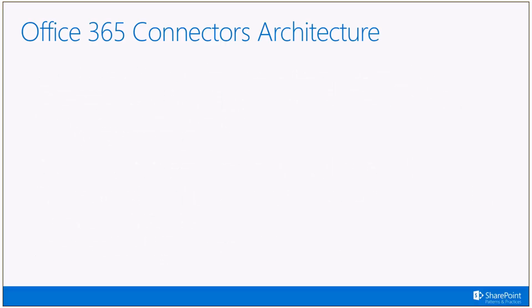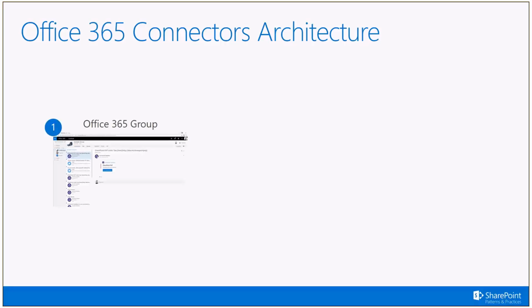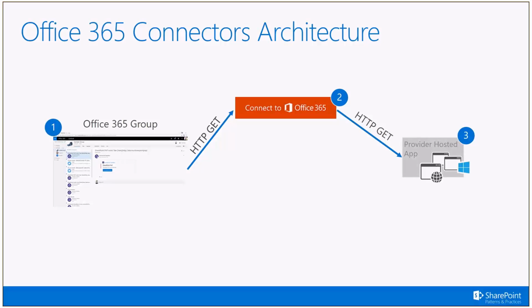From an architectural perspective, whenever you have an Office 365 group in your tenant, you can simply connect your group with an external connector through an HTTP GET request, triggered by a nice orange button that you will see pretty soon in a demo. That button will make an HTTP request against a backend system, which could be, for example, a provider-hosted application for SharePoint Online or for Office 365 more in general.